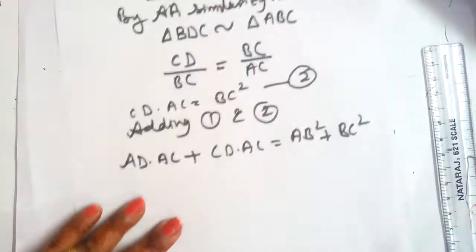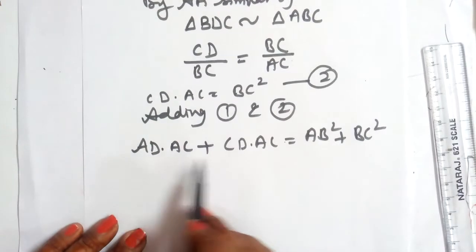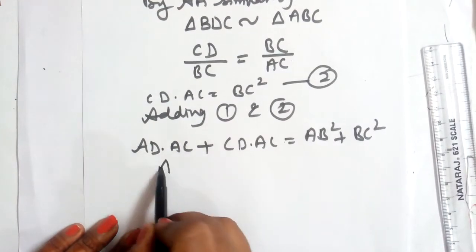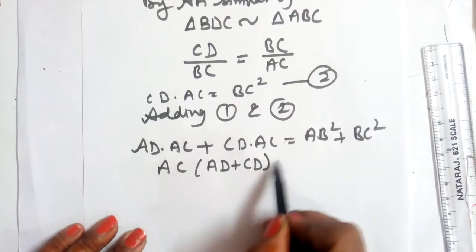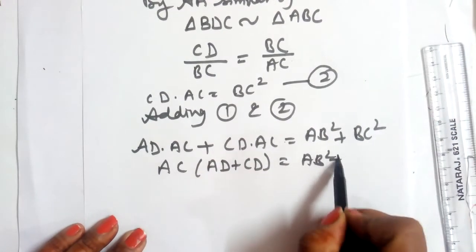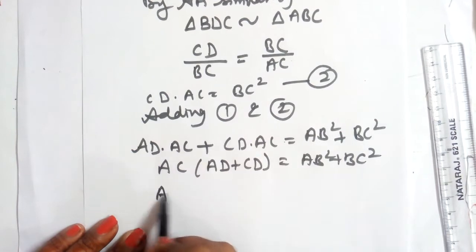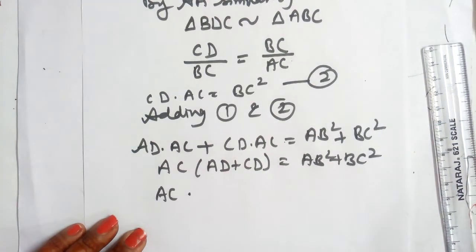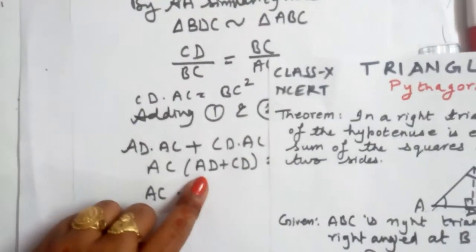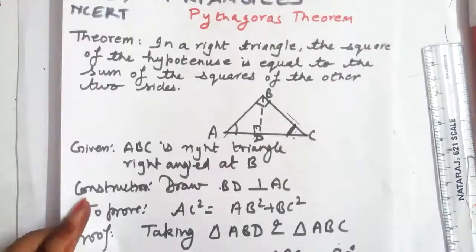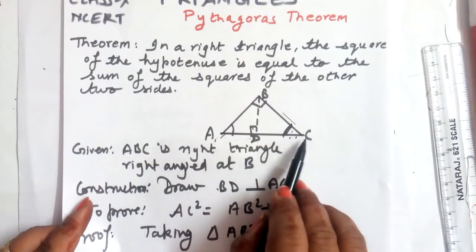Yes, now we can take AC common here. So AC into AD plus CD is equal to AB square plus BC square, and if we check the figure, we can find out AD plus CD is equal to AC.